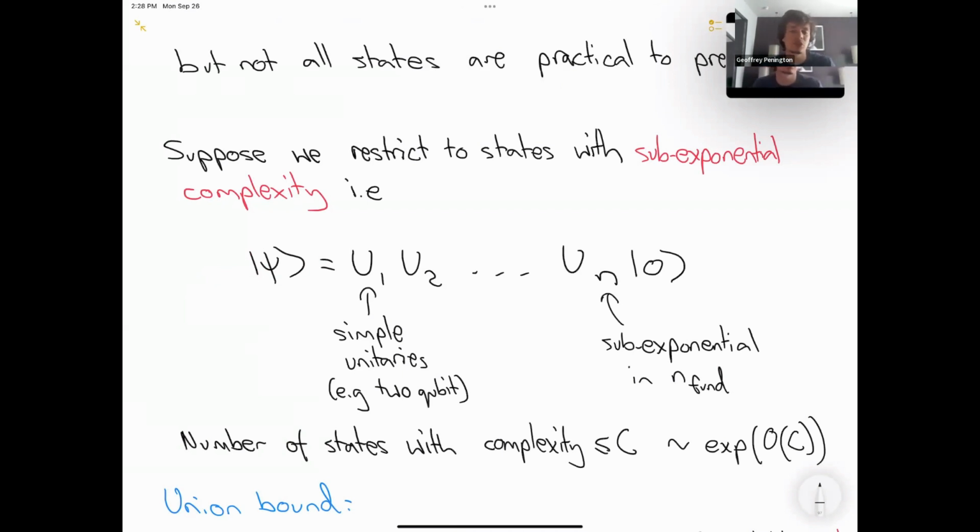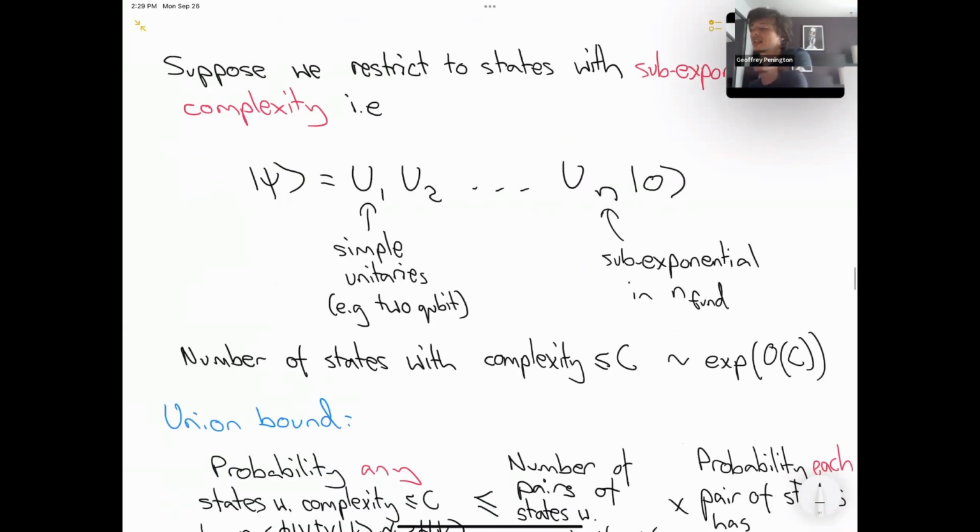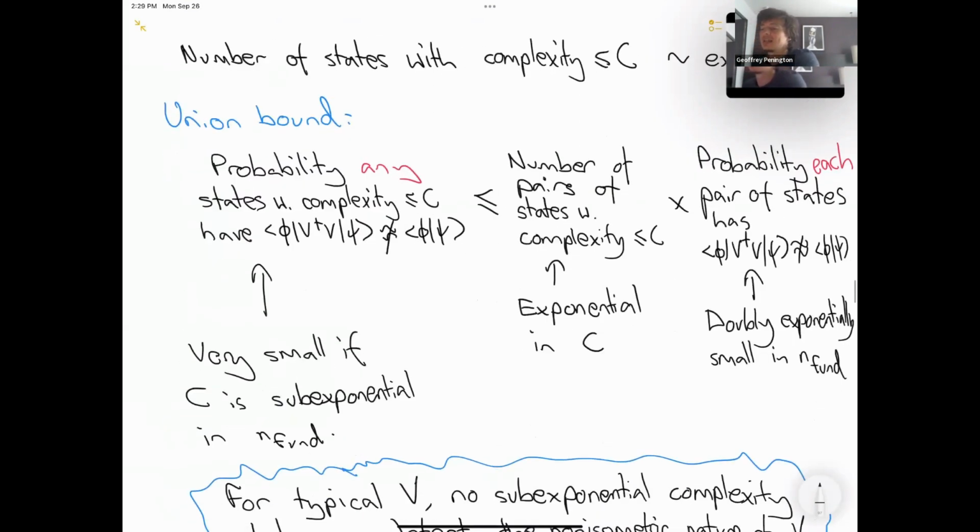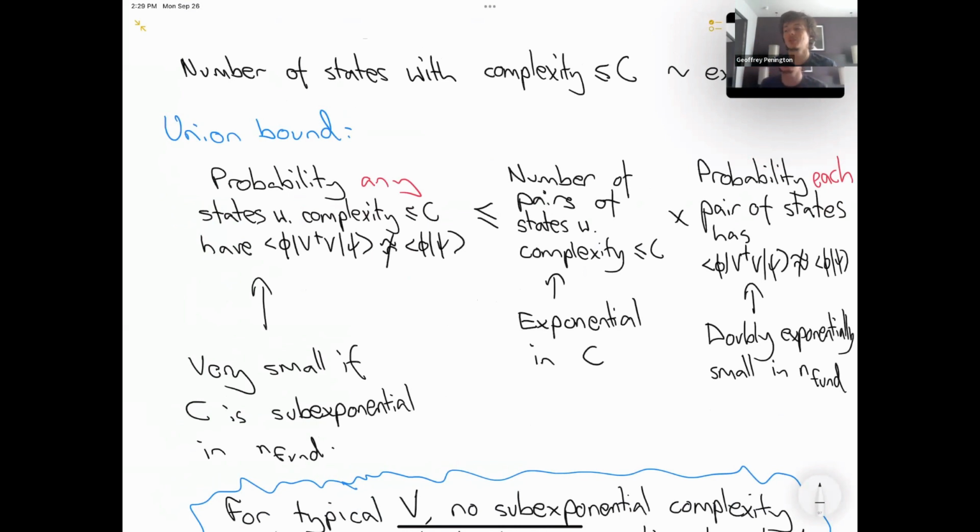Okay, there's some prefactor that depends on how many unitaries you include as simple, depends on details, but independent of details, you'll get some answer that's exponential. Okay, so then we can consider the probability that any pair of states with complexity less than or equal to c will have an inner product in the fundamental description that is significantly different from their inner product in the effective description.